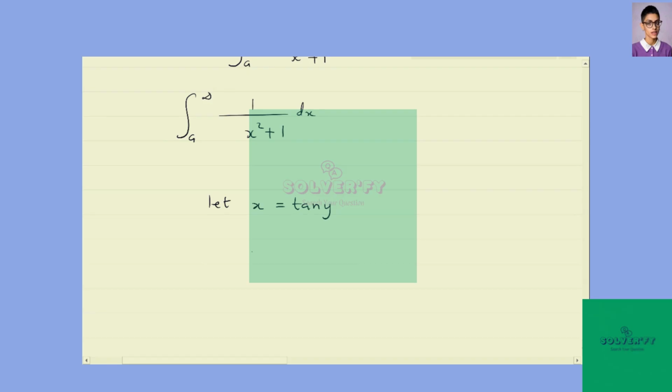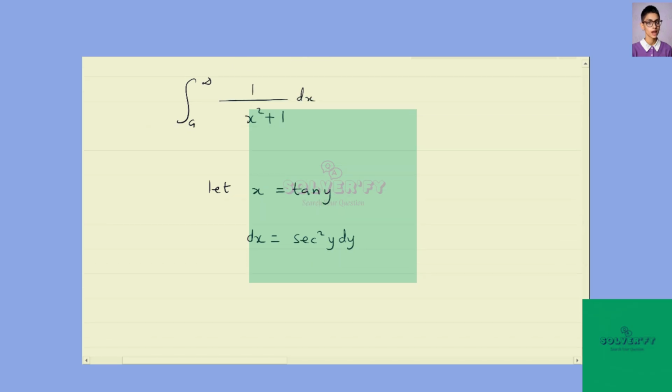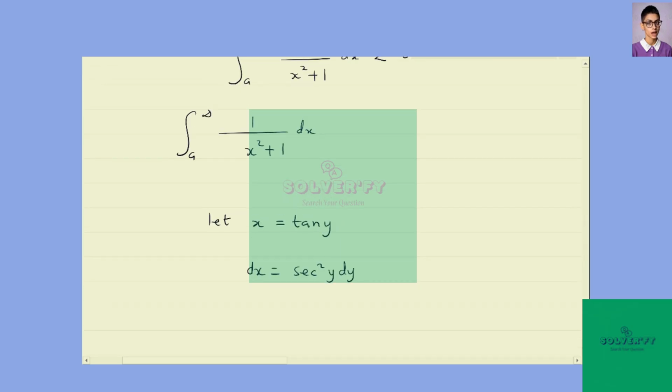So that dx would be equal to sec squared y dy. It means that in place of the dx, we'll put sec squared y dy.